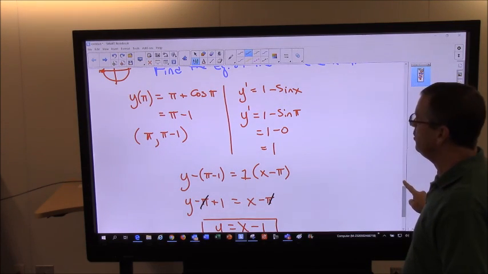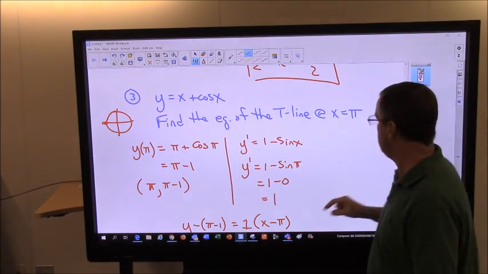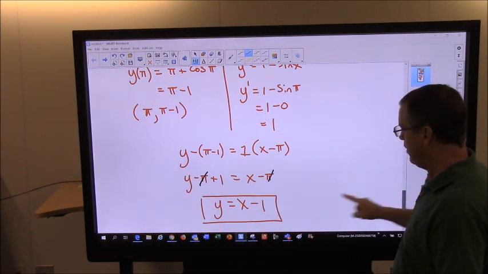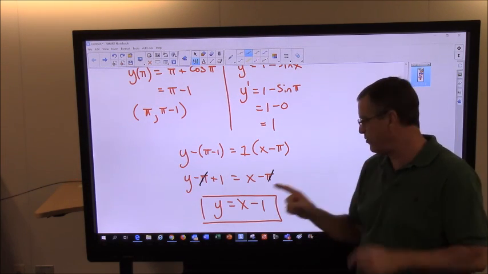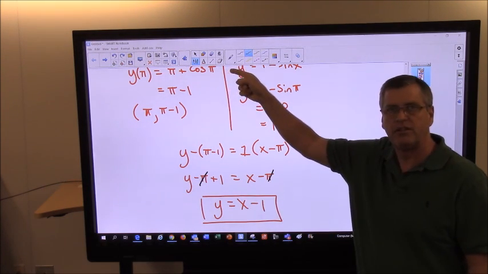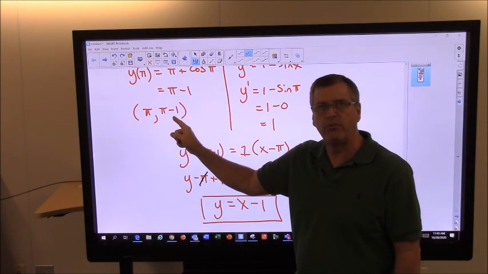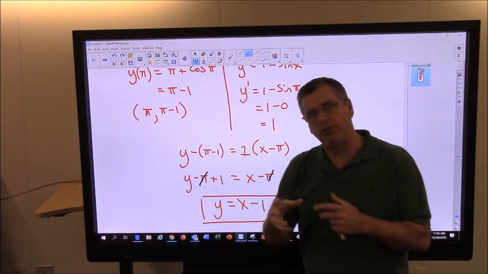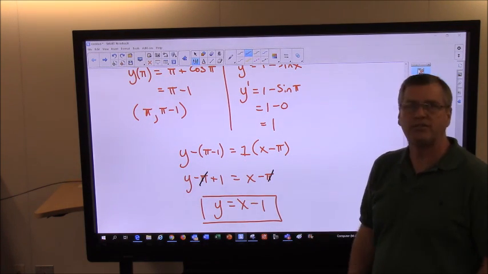And so to go and graph the original function, I want to graph that, and I want to graph this. Once I do that, I want to find that point where this line hits the curve. Is it at 3.14, comma 2.14? And if I was able to see that on my calculator, then I would think to myself, yeah, I think I did things right.